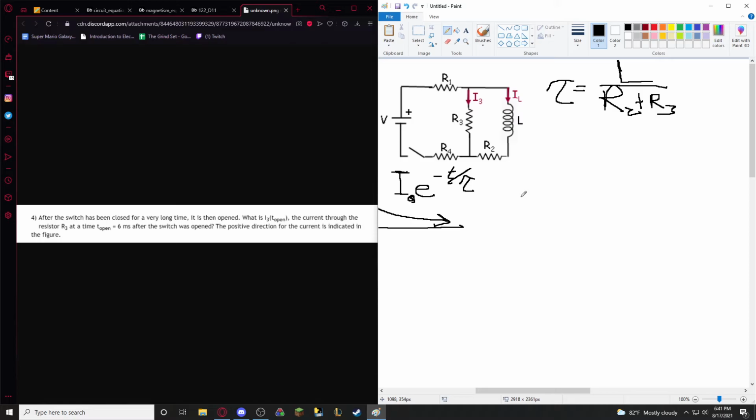Well, yes, I3 and IL are going to be the same thing right after it's disconnected. But we want to find the actual value of it, and we don't know what I3 is. How could we find the value of IL?